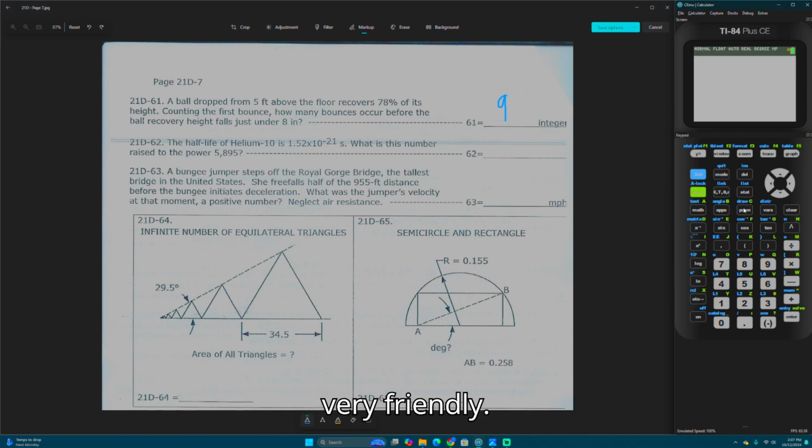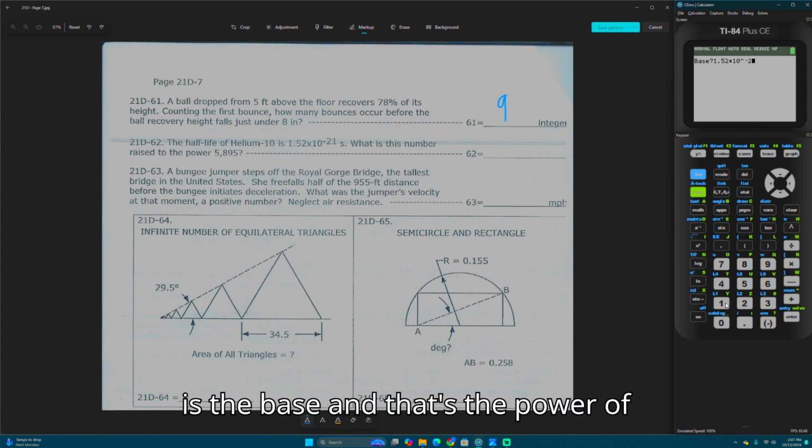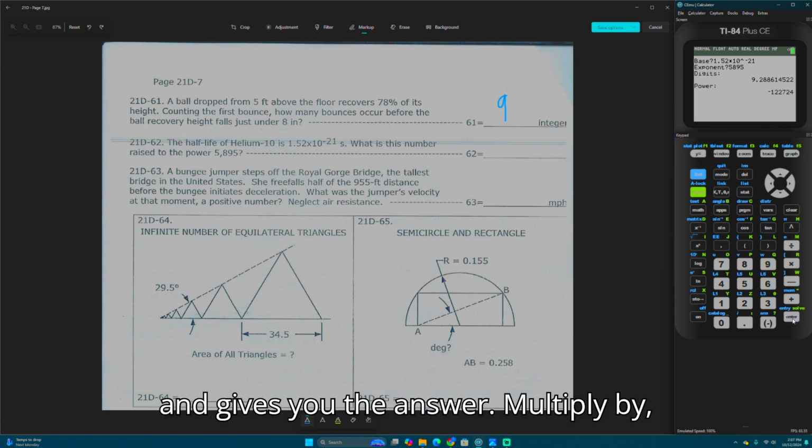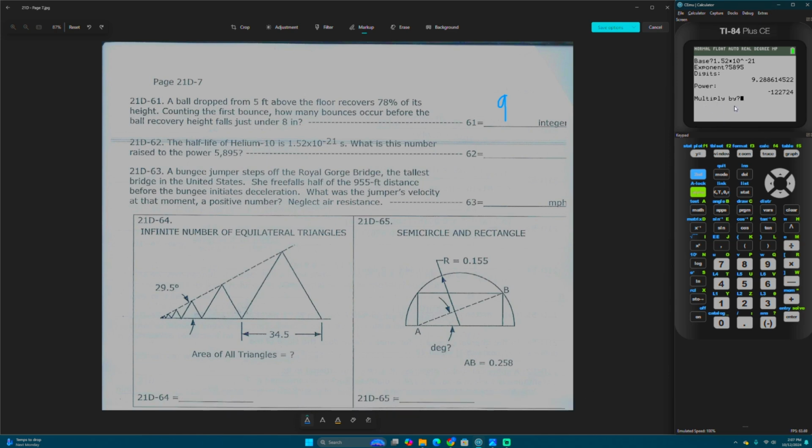Exponent problem, very friendly. Once it loads, exponent 1.52 times 10 to the negative 21st is the base, and then it's the power of 5,895. And it gives you the answer. Multiply by, that's a different thing I added.